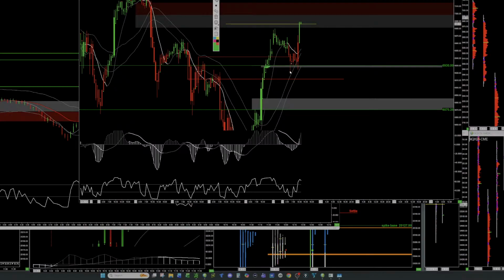Which is a sign of weakness actually. Now, a good area here. Probably this market is watching the 7,000. Yeah, 710 here, which I think will be this market dealing with these single prints here, right?